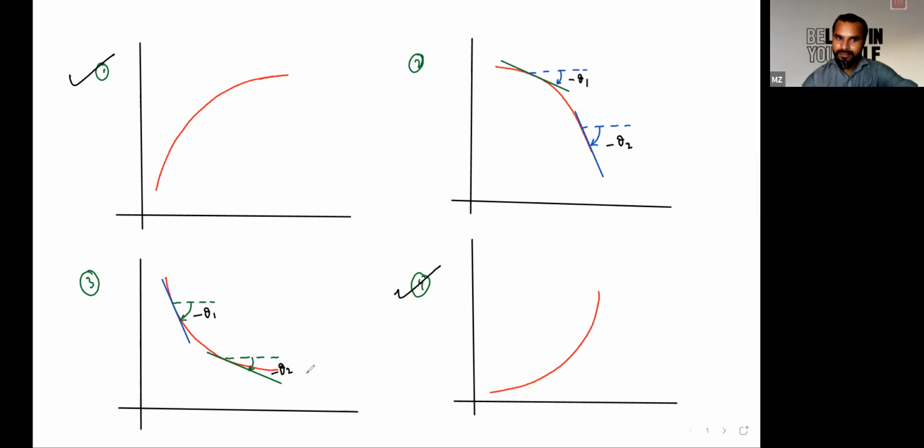Yes, sir. So on moving from this point to this point, the slope is decreasing. But if we multiply by the negative sign, your answer would reverse. So we can call it increasing.